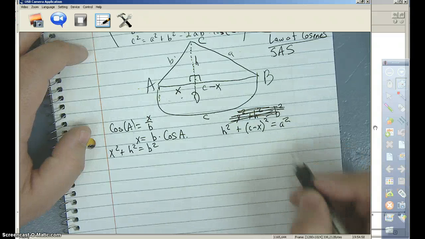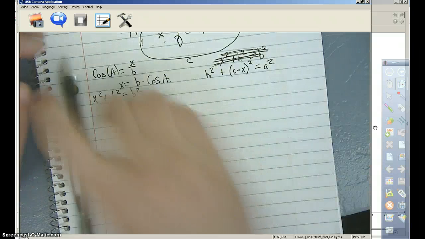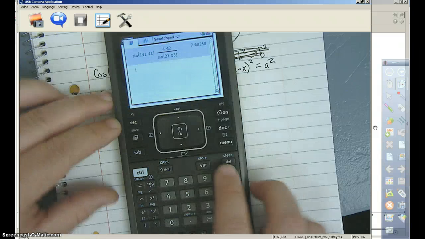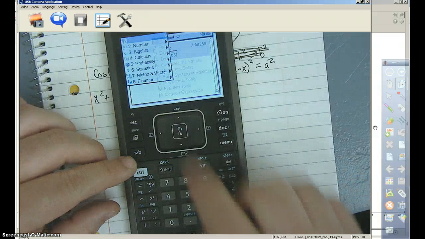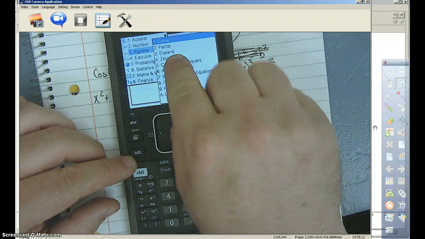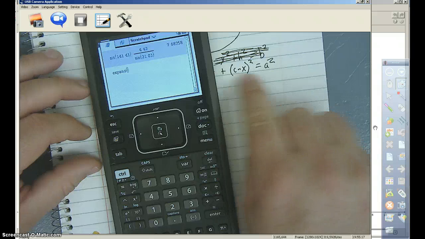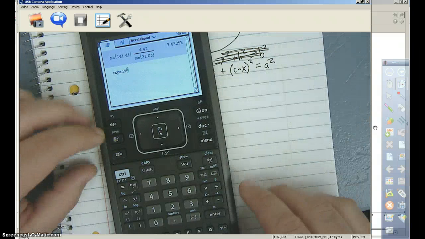So now what we're going to do is a little bit of what you might remember as foiling if you learned it that way, or maybe you learned expanding. I'm going to use my calculator to show you how to expand on the calculator in case you've never done that before. There's algebra and there's expand. I know this is a binomial, meaning I have two binomials being multiplied, so I've got to do my foiling.